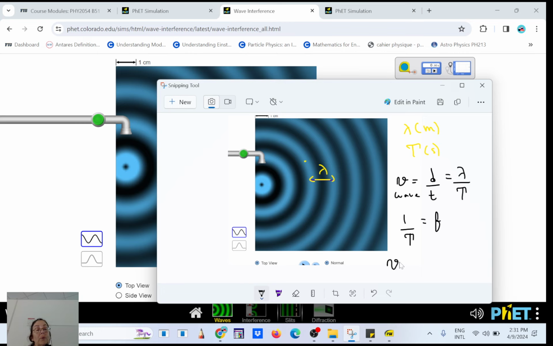So the speed of a wave equals wavelength times frequency. Even if you take the MCAT, it's a very simple relationship. So for the same speed, if the frequency increases, the wavelength has to decrease.